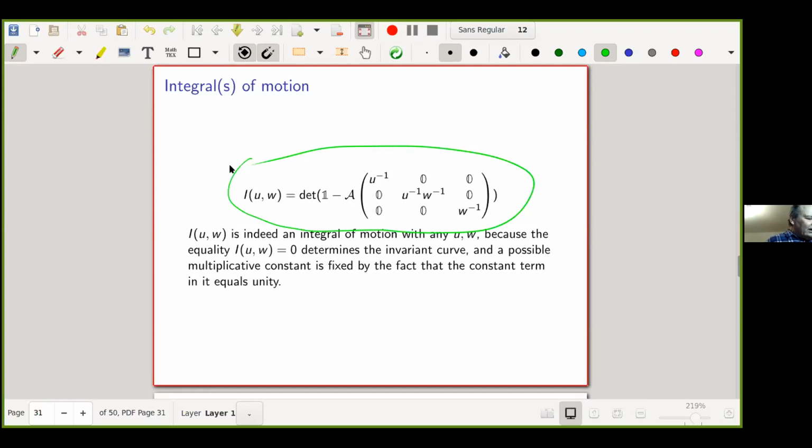It does not consist of many components, but all that works for my curve, and also a constant factor can be fixed as is written here in this slide. So we have integrals of motion, two parametric family of motion integrals.